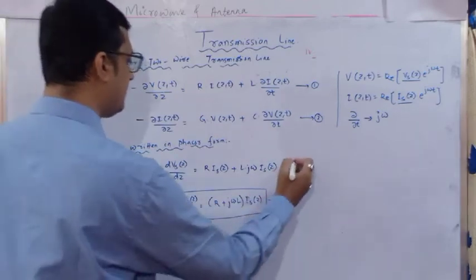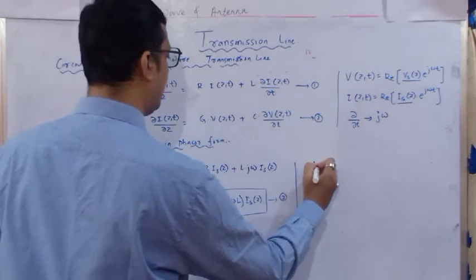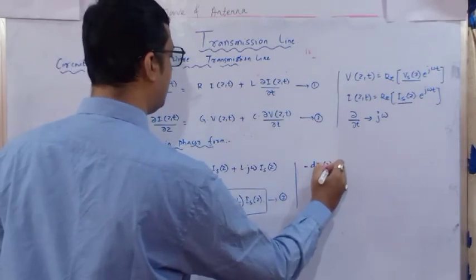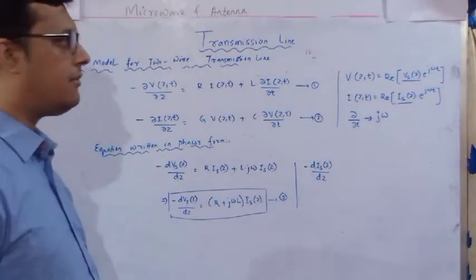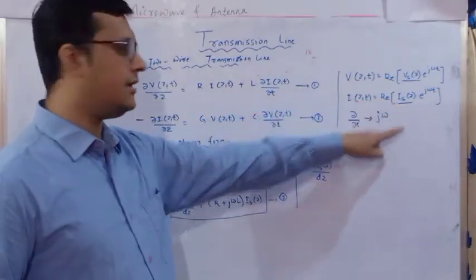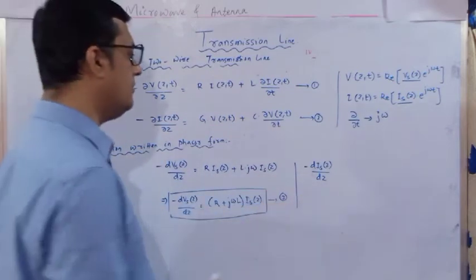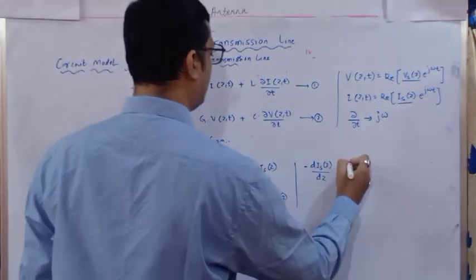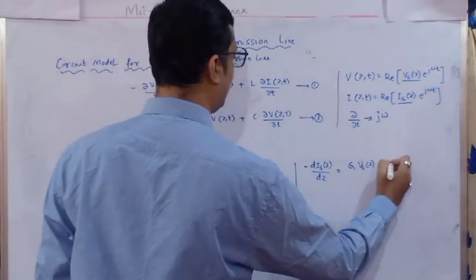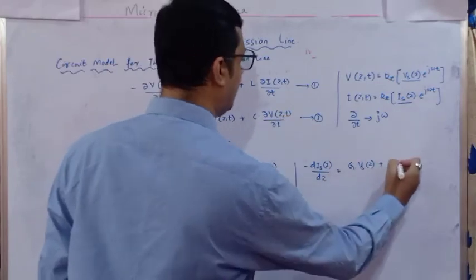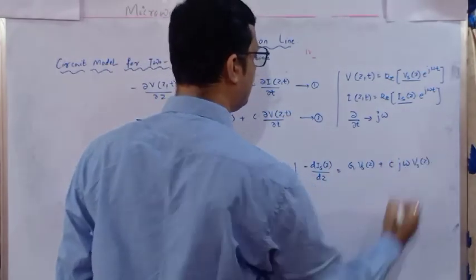Similarly, for current: minus dIs of z by dz, because I of z comma t is represented with Is of z. Partial differentiation becomes ordinary differentiation, which is equal to G into Vs of z plus C into del by del t, that is j omega, Vs of z.